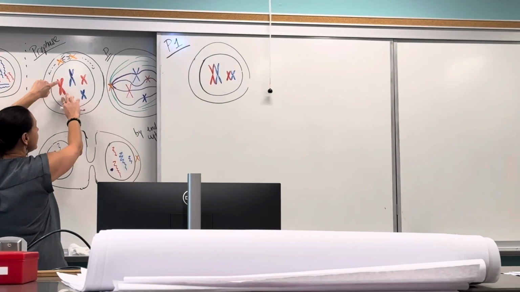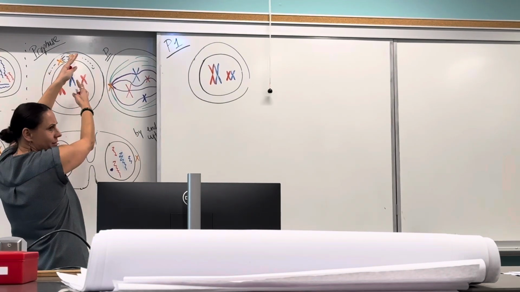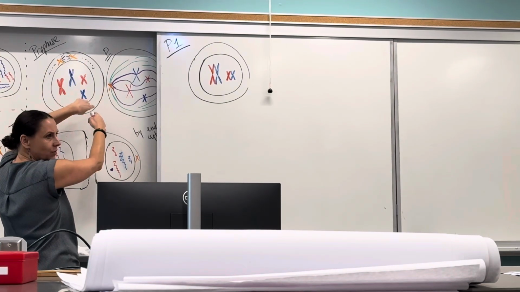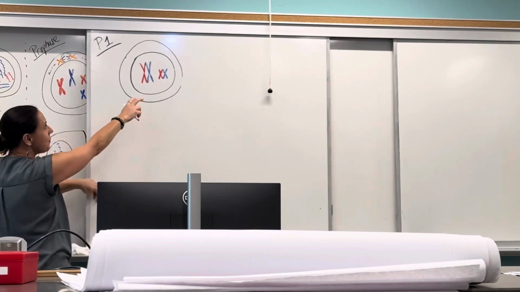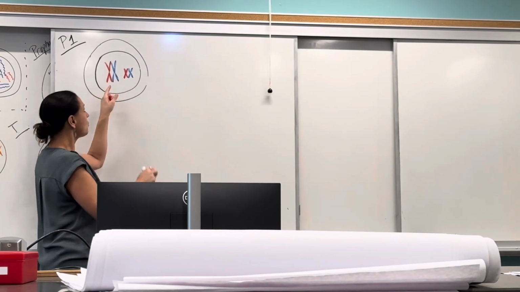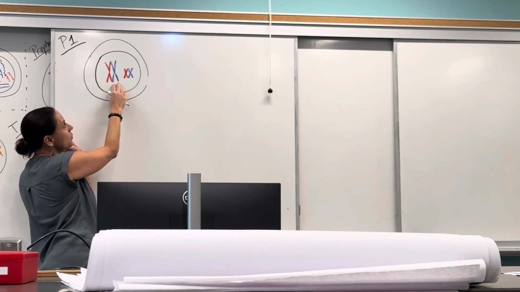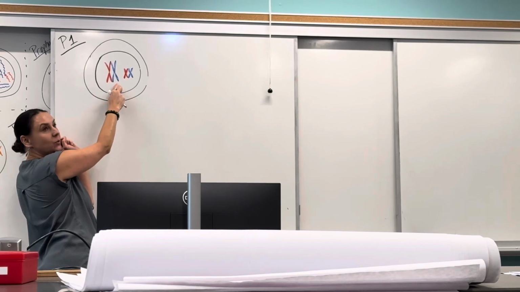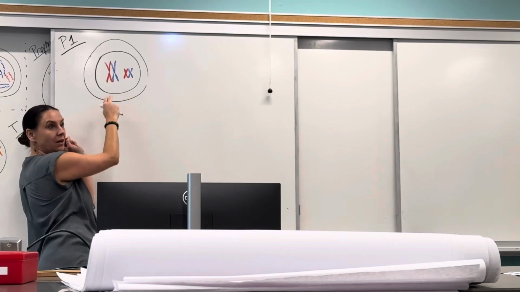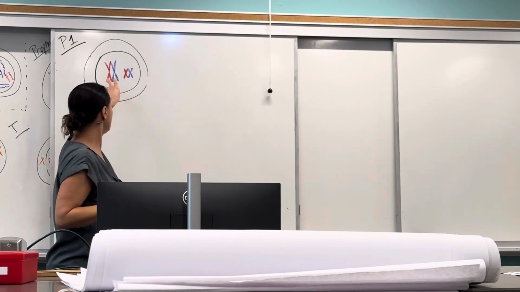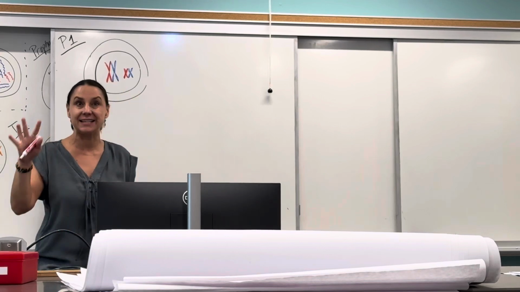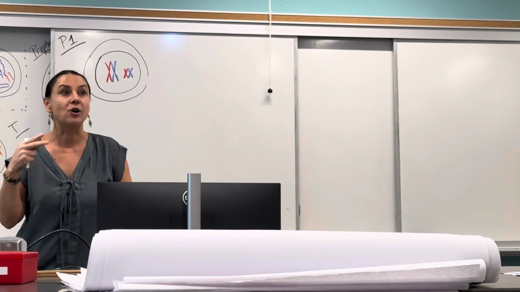These sister chromatids are not close to these sister chromatids. Notice what happens to these. The red and the blue here, what are these to each other? They're not identical. The red is identical to itself, the blue is identical to itself, but the red and the blue are homologous to each other.